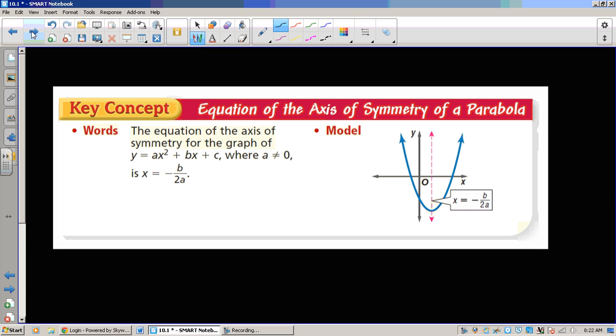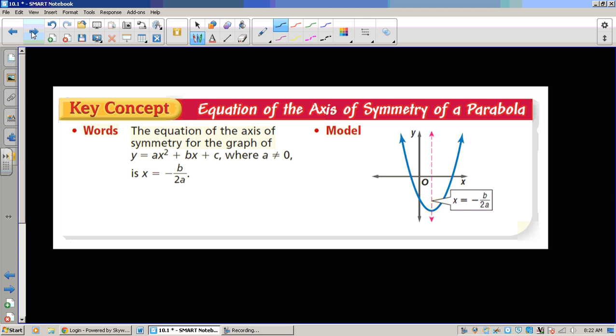So this is the key point here. The equation of the axis of symmetry for the graph of y equals ax squared plus bx plus c, where a does not equal 0. To find the axis of symmetry, the line that cuts the parabola in half, we're going to use the equation negative b over 2a.